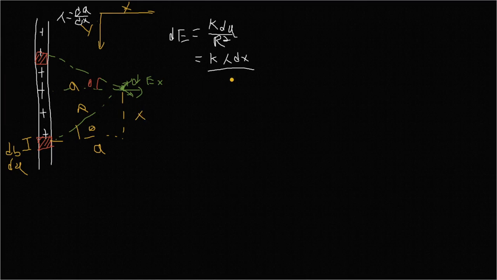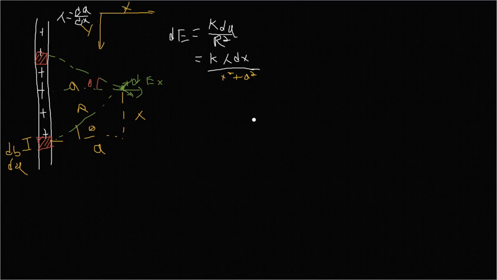By the Pythagorean theorem, r squared is going to be x squared plus a squared. I don't even have to have an absolute value because they're squared anyway, which is pretty cool.